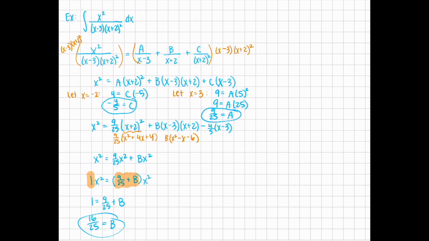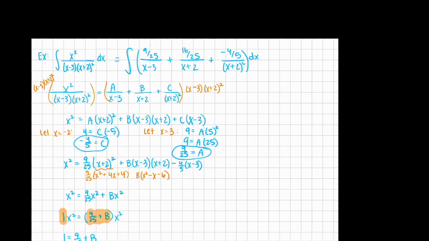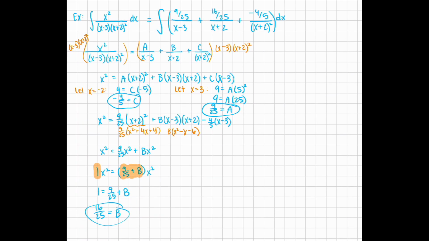So if I go back to my integral, my A was 9 over 25, B was 16 over 25, C was -4 over 5, and now we have this integral. I might move this down just so that we have more room.